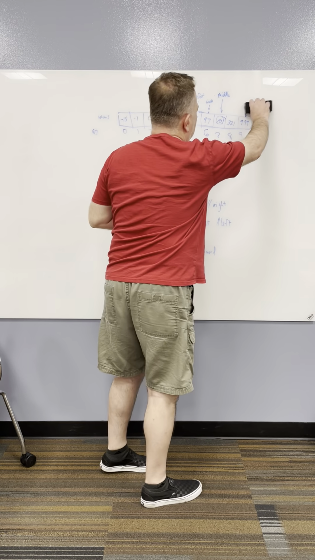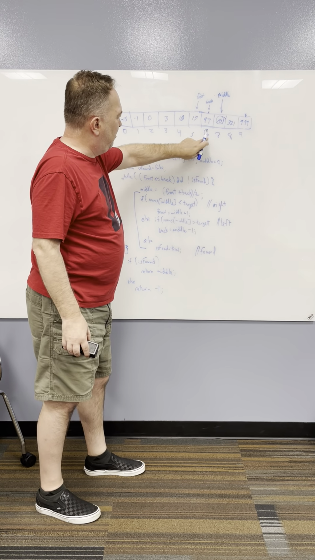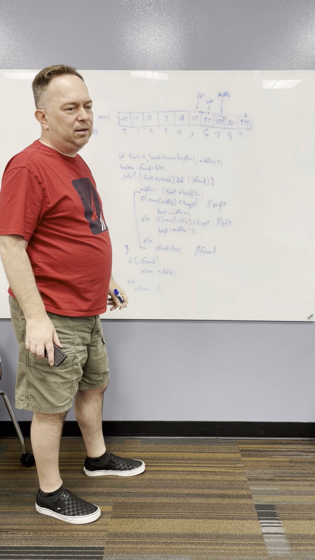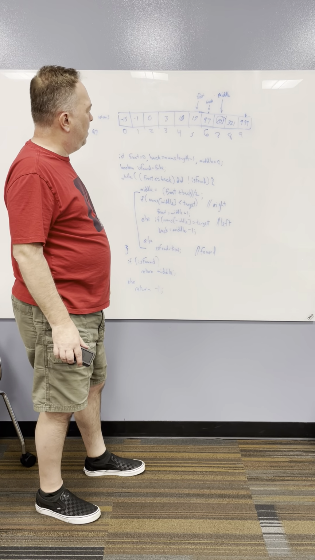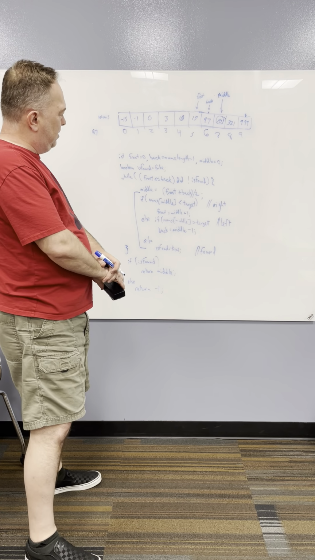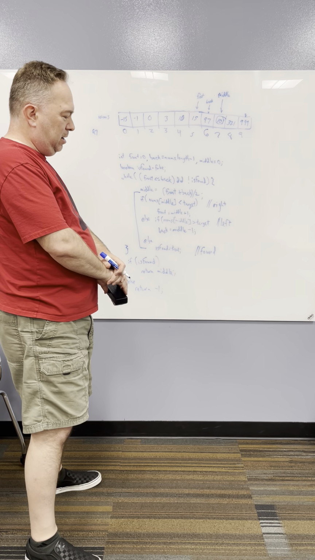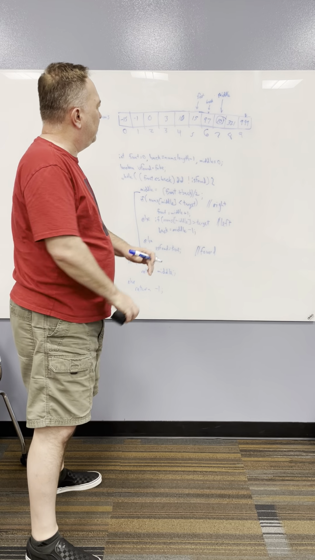That's what's going to happen. And then middle is going to be 5 plus 6, that's 11, divided by 2. That's interesting. 11 divided by 2 is going to be 5. It's going to be here.